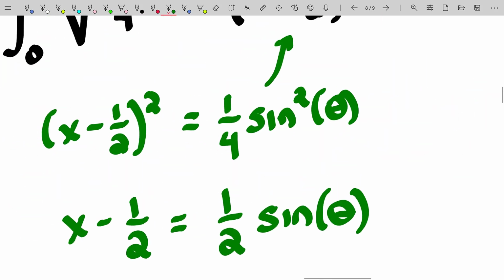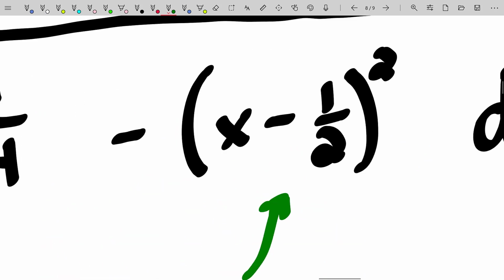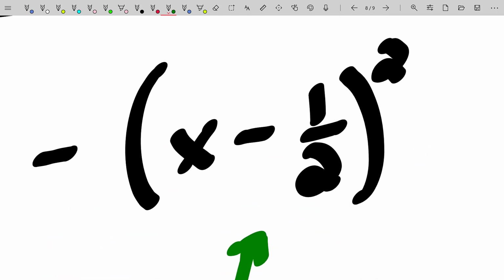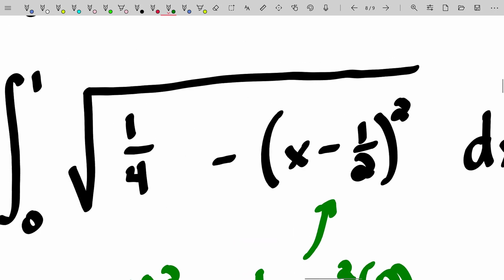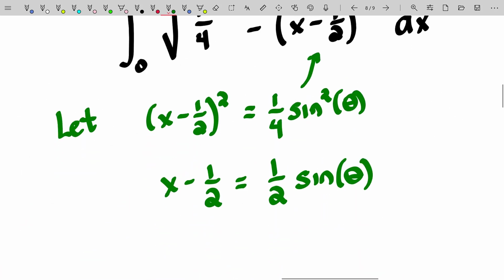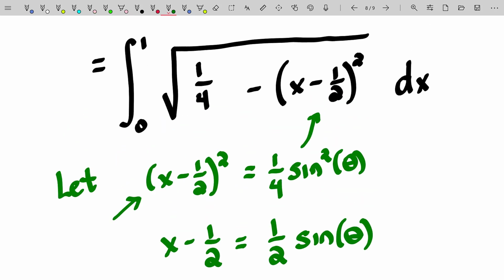If you can imagine that I trade out this x minus 1/2 for a 1/2 sine of theta, when I square it, I get a 1/4 sine squared, and now I can factor out the 1/4, and I'll get 1 minus sine squared, and everything's peachy keen. So honestly, that second line is my true substitution, and I squared it right here so that it makes it easier for me to substitute it in.